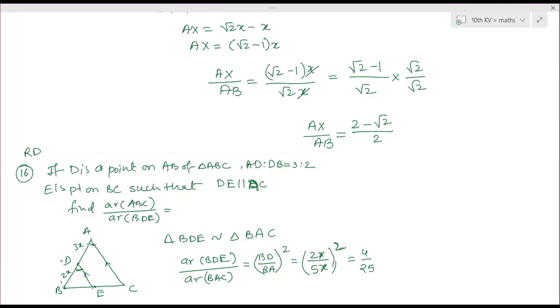So BDE is to BAC is 4 by 25. So what is the ratio of BAC is to BDE? 25 by 4.